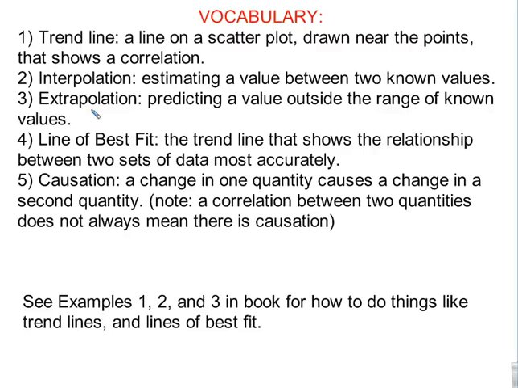This is a language arts term as well as a math term and a science term. If I put a Mento into a Diet Coke, it's going to cause the Diet Coke to fizz or explode. That is causation. If the Diet Coke were just sitting there and I never put a Mento into it, it would never fizz over.